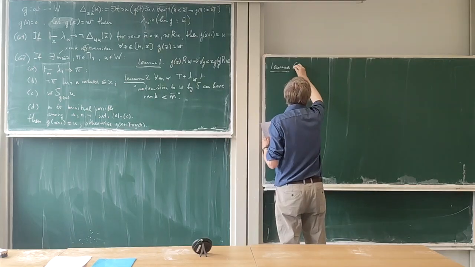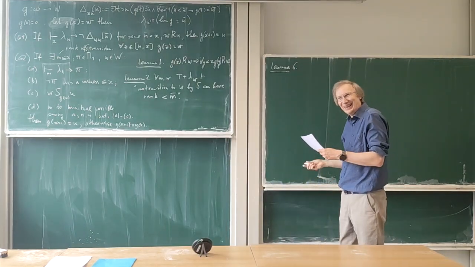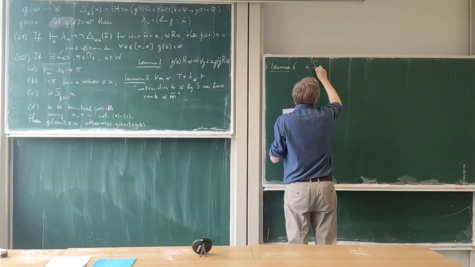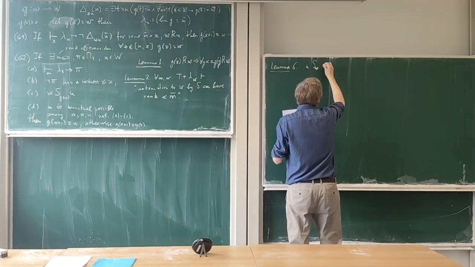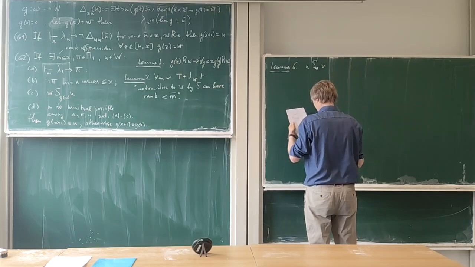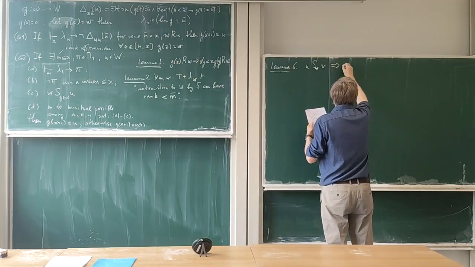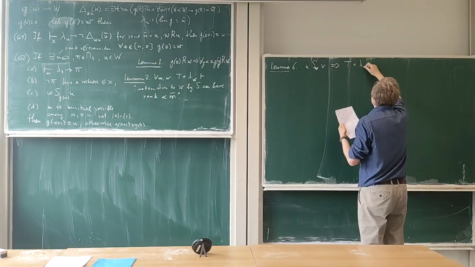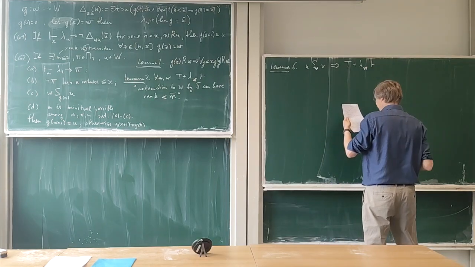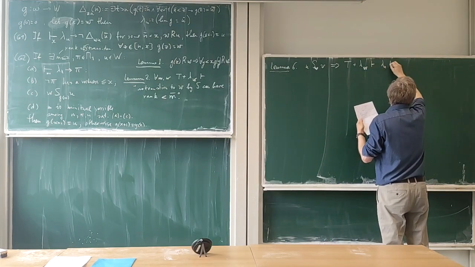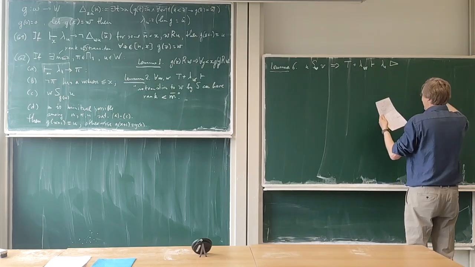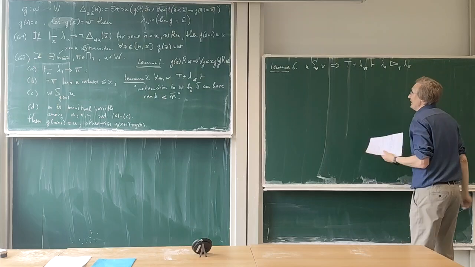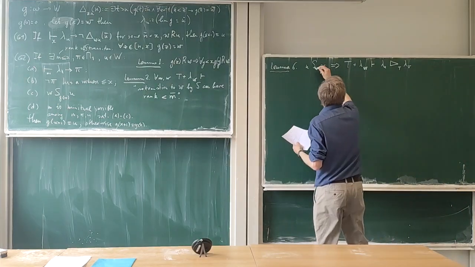Let's call it number 6. So if U S W then T plus lambda W proves W conserves over T lambda V. So this is W.